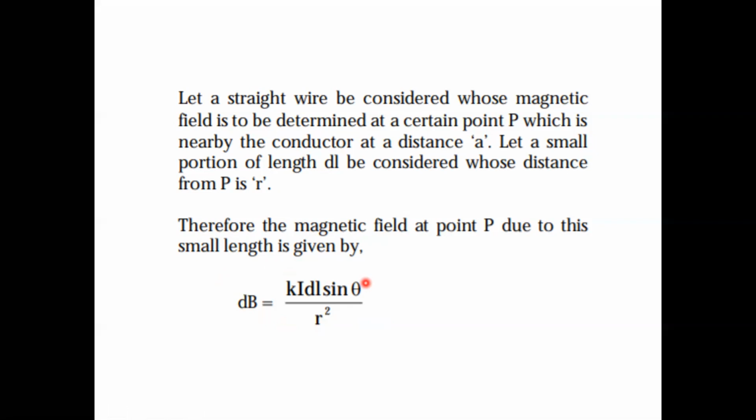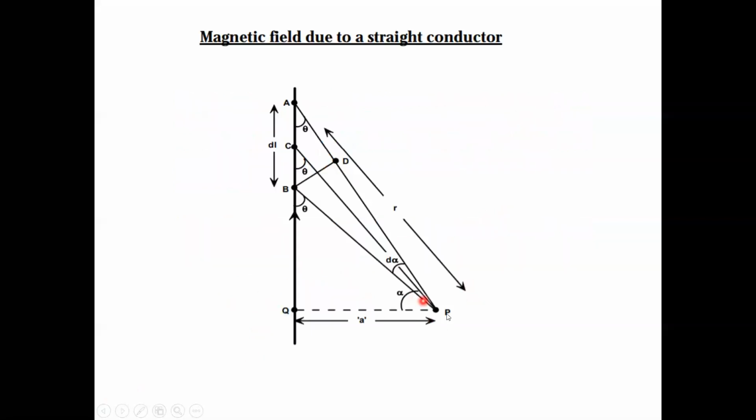By using this expression, we find the magnetic field intensity at point P due to this current carrying conductor.